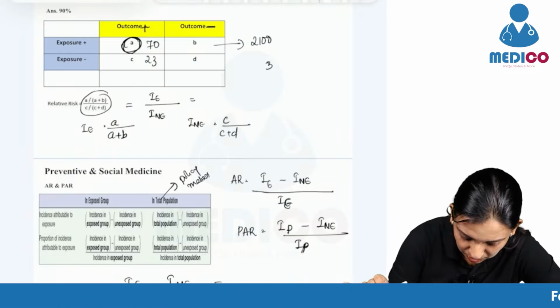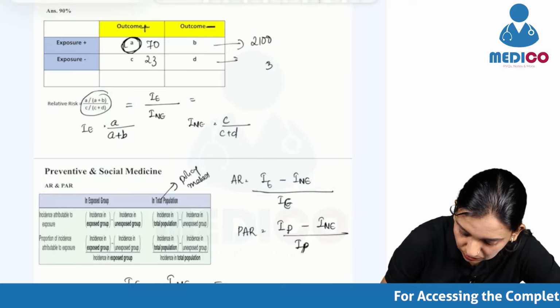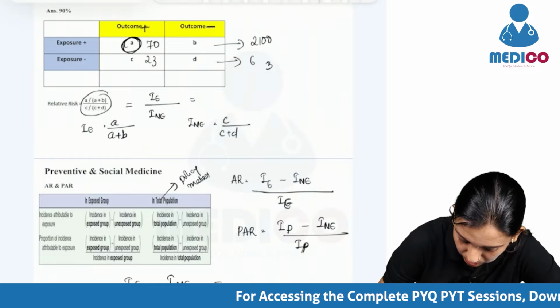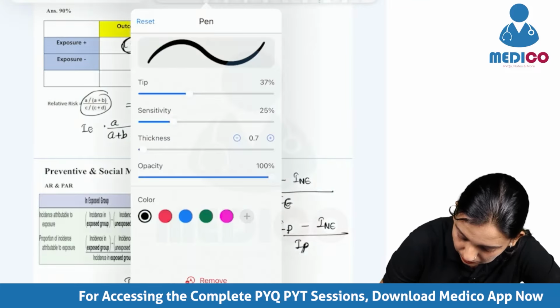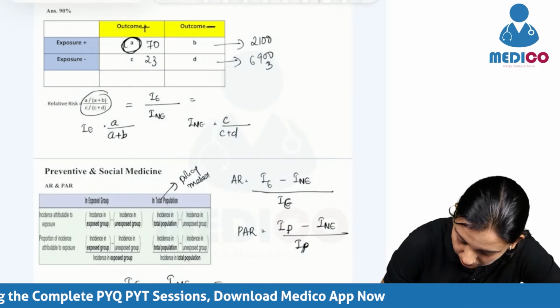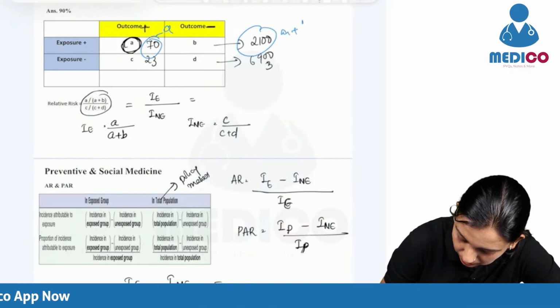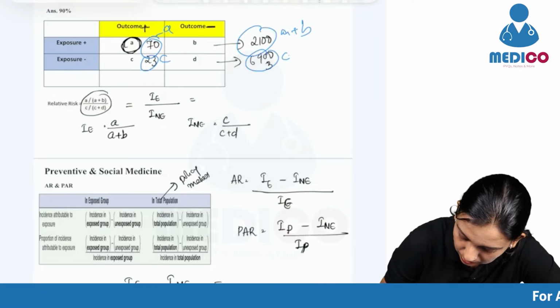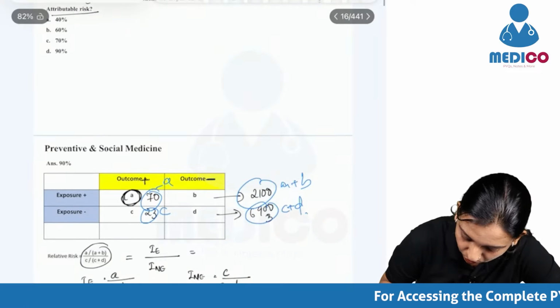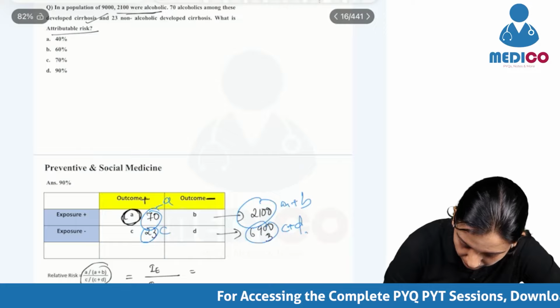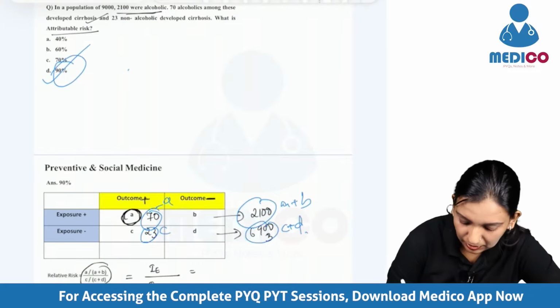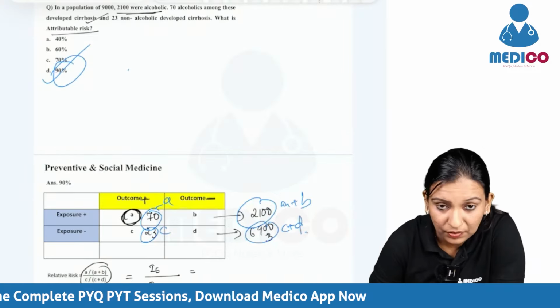The total population was 9,000. So those without the exposure is 6,900. Okay. So this is your A, this is your A plus B, this is your C, this is your C plus D. Okay. So when you give the formula, you get the answer as 90%. Okay. This is the attributable risk in this given question.